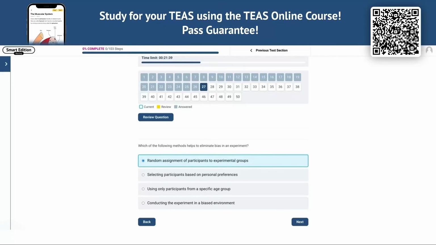So this is our second question on eliminating bias, and random assignment of participants to experimental groups is going to be the best way to eliminate bias, because you want the results to be as easy to replicate as possible, and straying away from using people because of a personal preference or specific age groups or a specific environment or geographic location like the previous question had asked. The more random, the better for eliminating bias. And the more you eliminate bias, the easier it is to replicate your experiment.